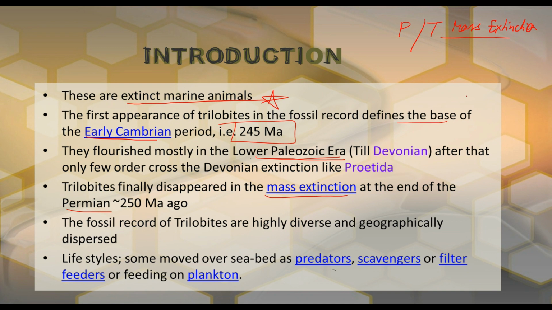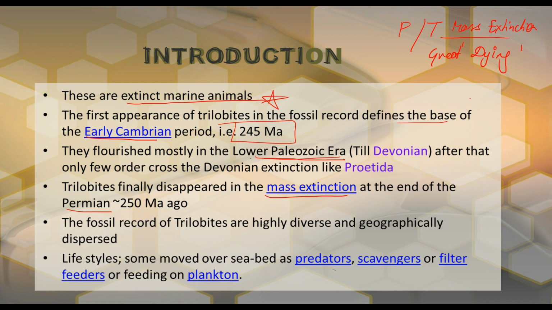This is also known as the Great Dying. Why Great Dying? Because this is actually the largest extinction, and 83% of the genera, 90 to 96% of all species, about 70% of the land species generally went extinct during this particular mass extinction.